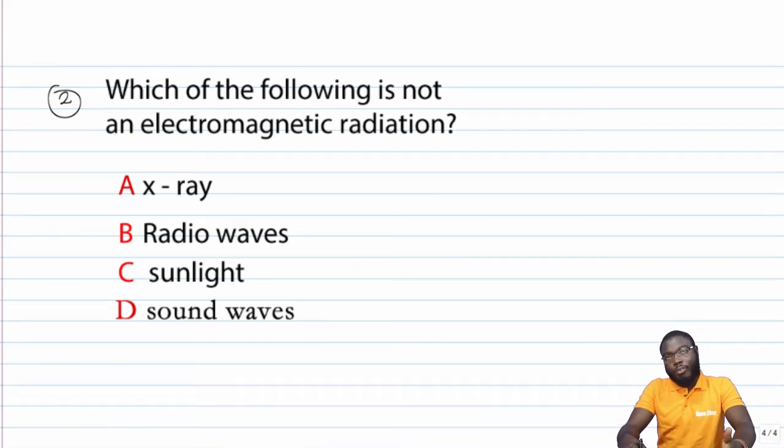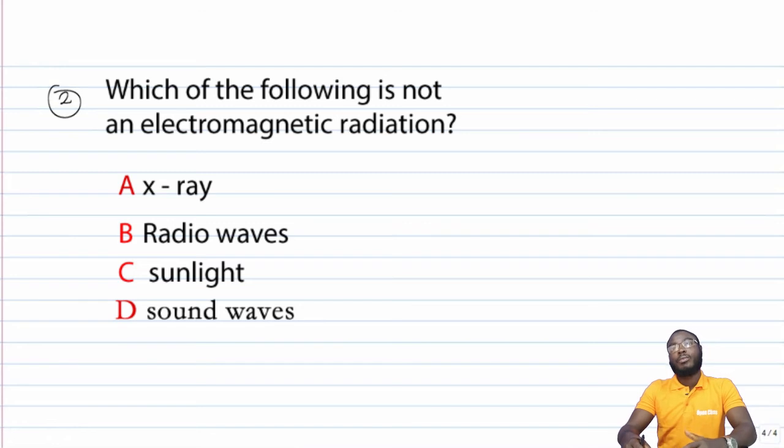What is a sound wave to start with? A sound wave is a disturbance that travels through a material medium from one point to the other. So it's not electromagnetic.